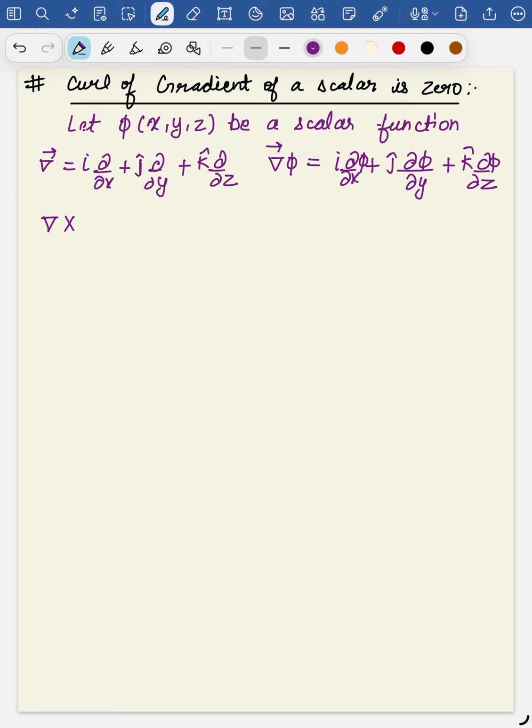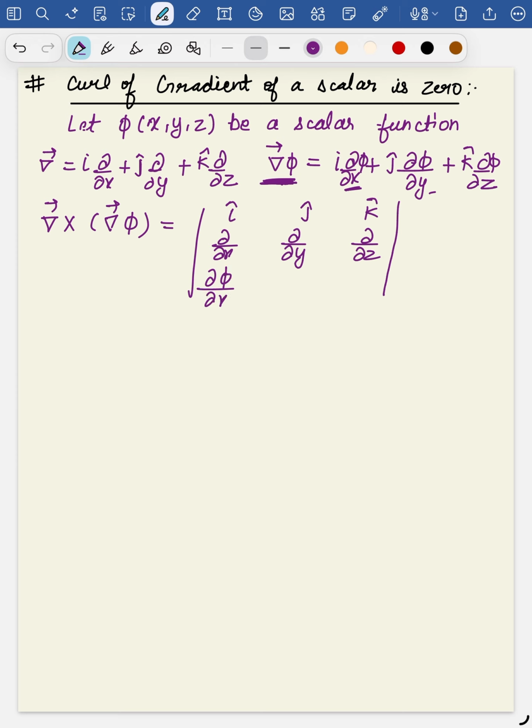So when del operates on this function, this is the gradient of a scalar. Curl operate means we have to use the cross product here. We have to operate on the function via cross product. So by the determinant method, we will find it: del by del x, del by del y, del by del z, and here the components of the phi function: del phi by del x, del phi by del y, and del phi by del z.